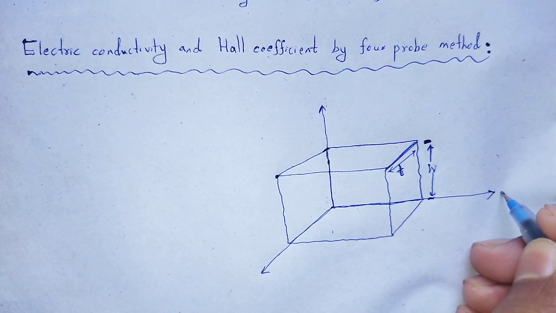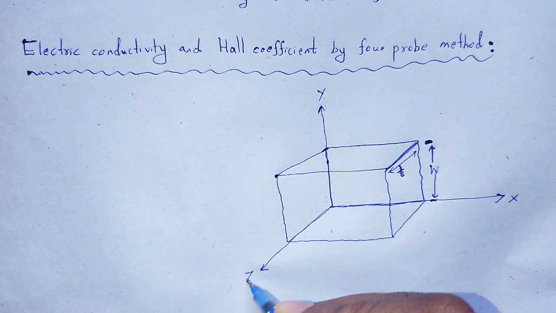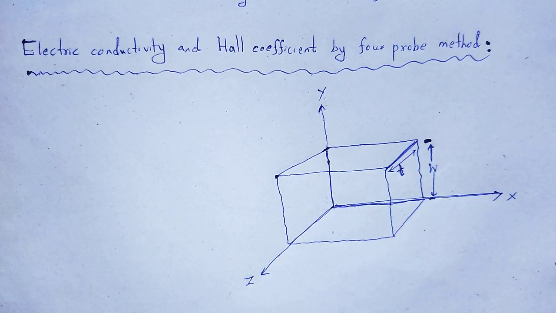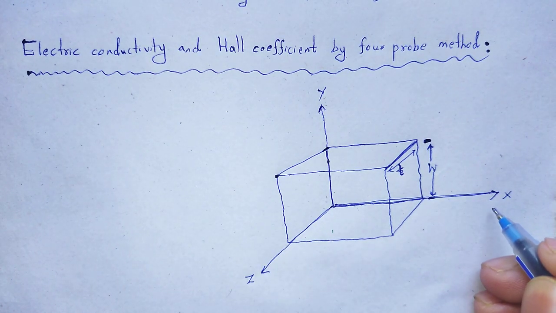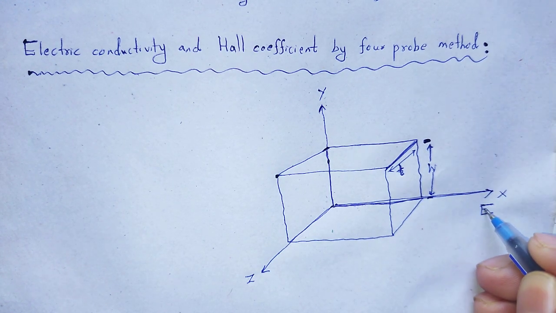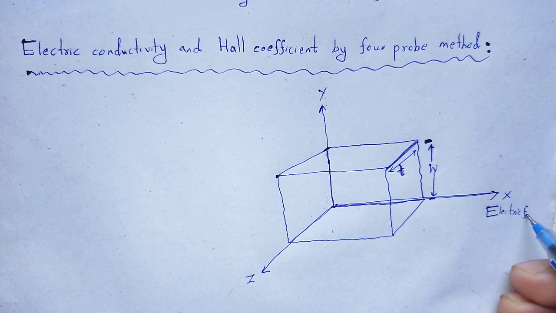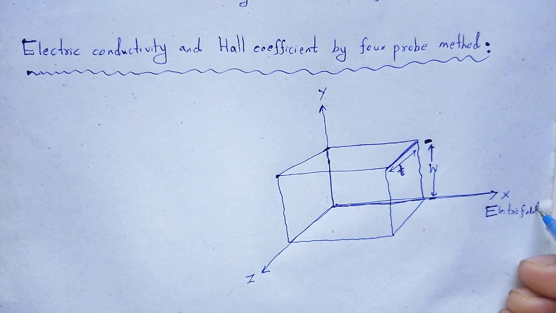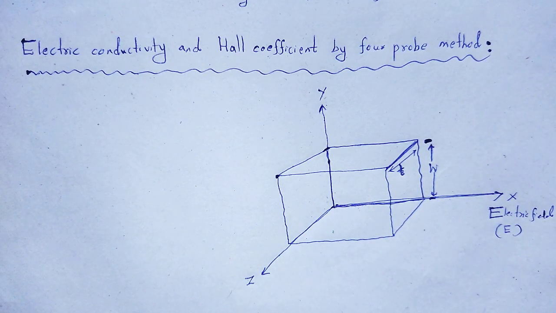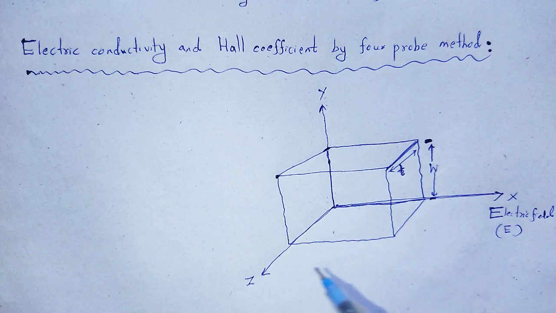In the x direction, the electric field is applied. That is the electric field along that x direction, and the magnetic field is along the z direction.